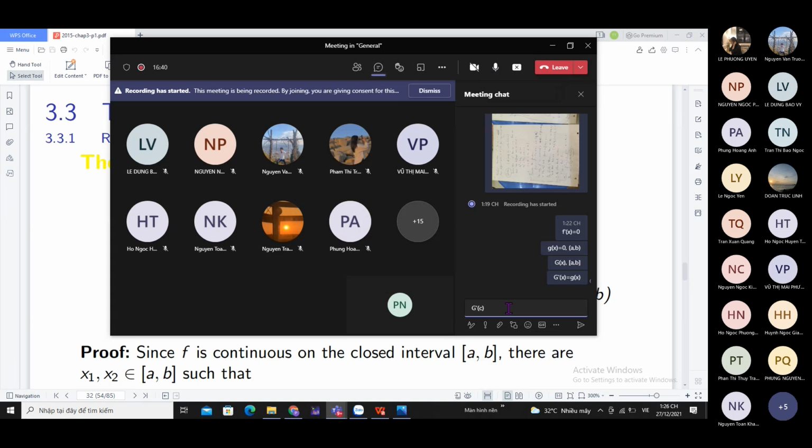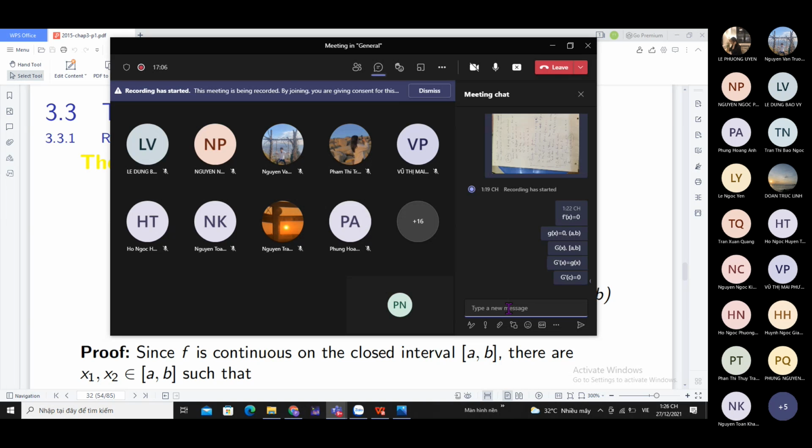So, if the function capital G satisfies all conditions of the Rolle theorem, then there is a number c, so that the derivative of the function capital G at c equals 0. It means c here is a root of the given equation. Right? Okay.